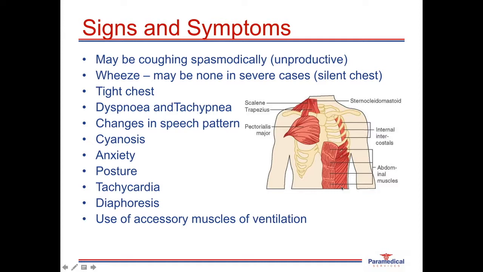When the abdominal muscles are engaging in respirations, if we have a look at the chest to the abdomen, we can see that the muscles start to contract and it causes the seesaw movement between the chest and the abdo. So the chest will move out and the abdomen would move in, and then vice versa during breathing.